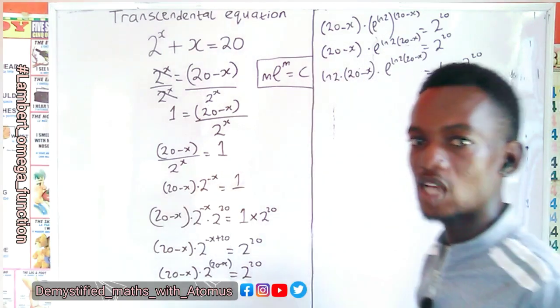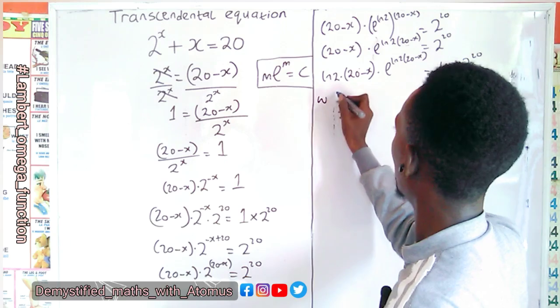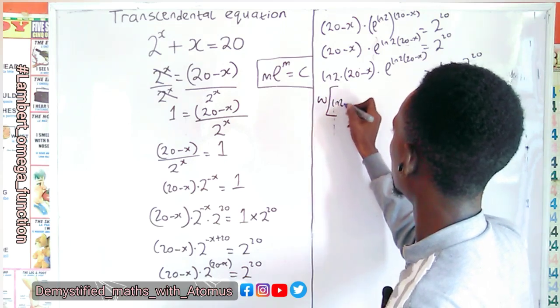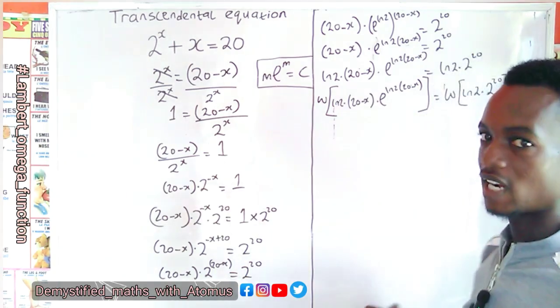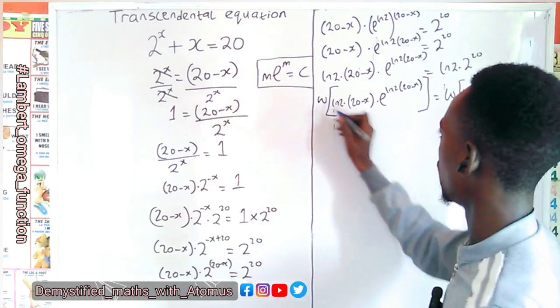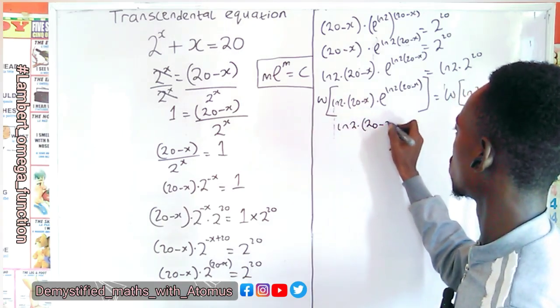It's very easy. Now let's take the Lambert function of both sides. So that will be the Lambert function of ln 2 times 2 raised to the power 20. Okay? Like I said earlier, the property of the Lambert function will now leave us with this, which will be ln 2 times (20 minus x).